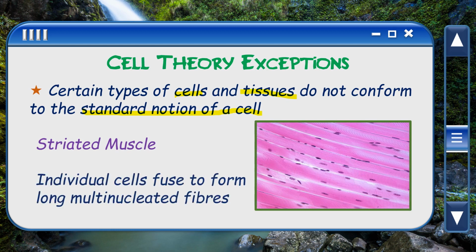Here you find that individual cells fuse to form long multinucleated fibers. Yes, we are saying a cell is the smallest unit, but here individual cells are fusing up and forming a long multinucleated fiber.